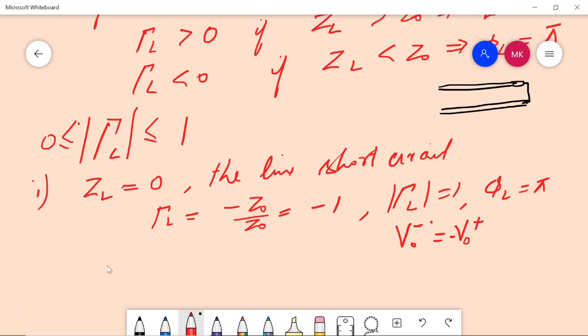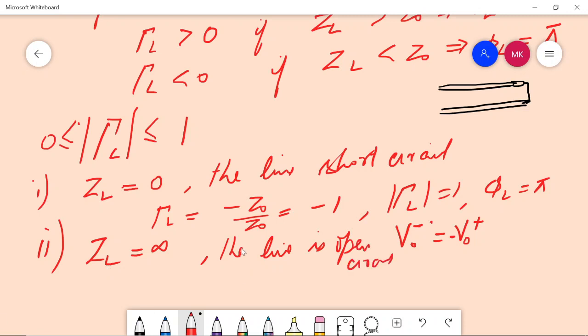Next, if you have ZL to be infinite, that is, the line is open circuit.